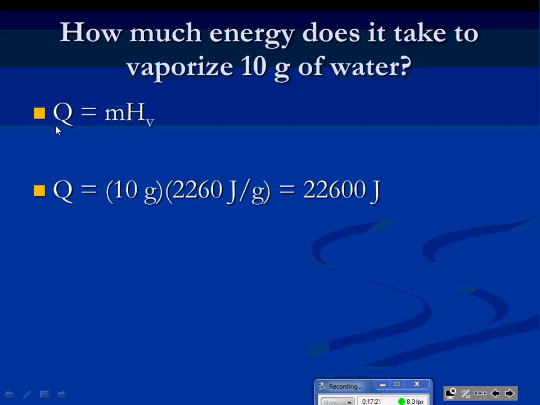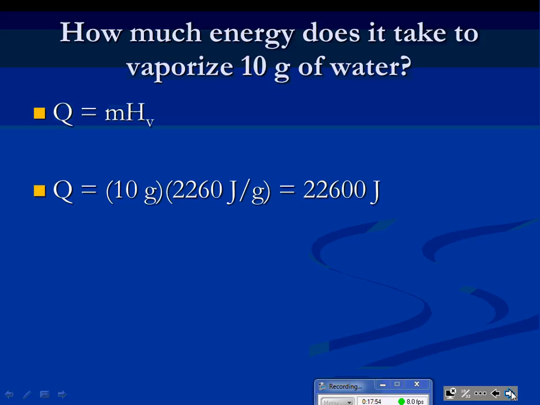Once again, Q, energy, equals M, the mass, times the heat of vaporization. Mass is 10 grams. We just got the heat of vaporization from our chart, which is 2,260 joules per gram. When I multiply those together, I get 22,600 joules.